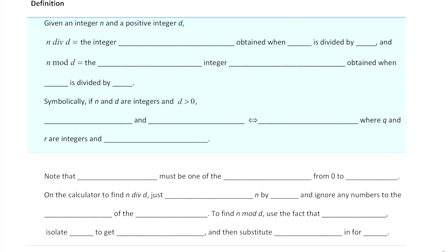Given an integer n and a positive integer d, n div d, I'm not sure if I'm saying that right, but just bear with me, I'm not a coding girl.